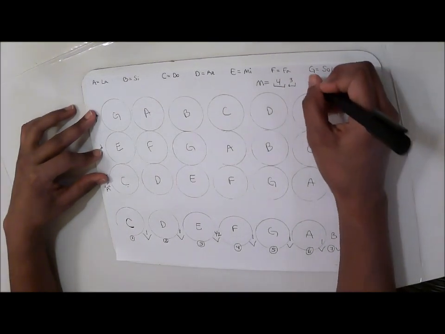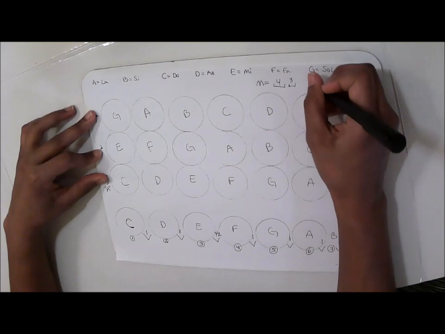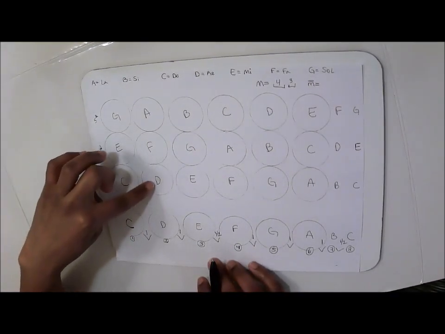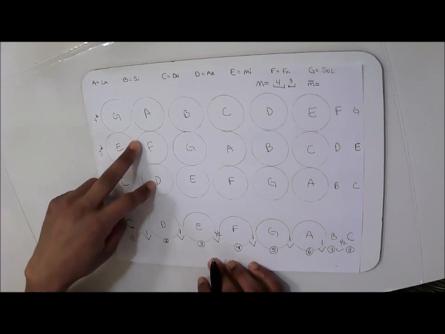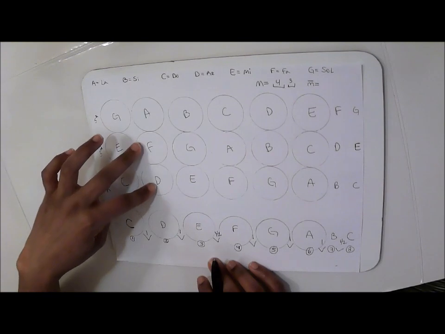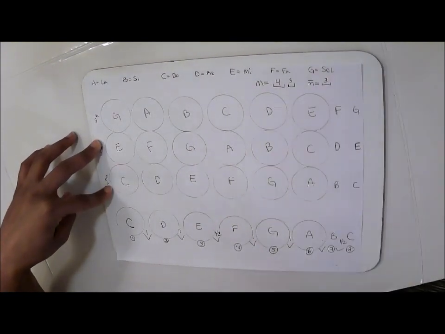For the minor chord, I put a little M with a little line like this. This is my minor chord. From your root to your third, in this case, the D chord is a good example, from D to F, you want to have 3 semitones.